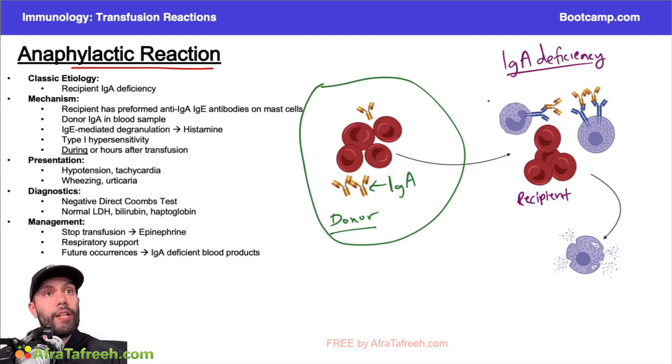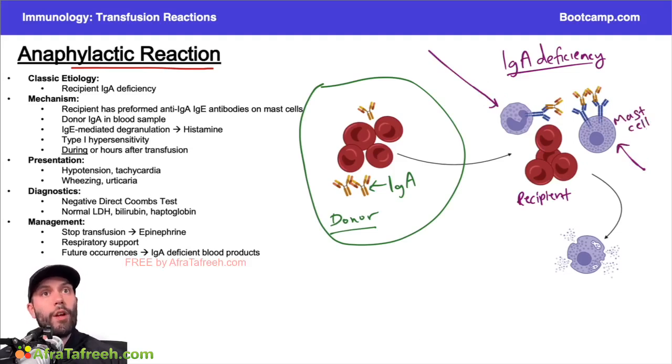Because they don't have IgA antibodies, their basophils and their mast cells, you can see them here, here's a mast cell, are going to have anti-IgA IgE antibodies bound to the surface of those mast cells. If I give this patient IgA antibodies in one way or another, these IgA antibodies can then bind at the IgA Fc portion to the Fab portion of the IgE antibodies.